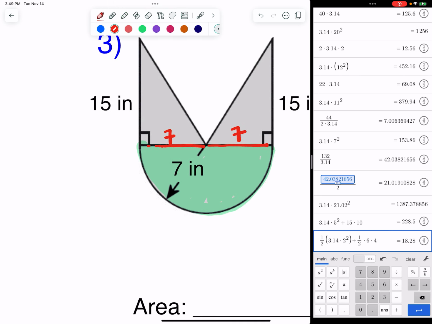So if I do the circle, I only want half of the circle.